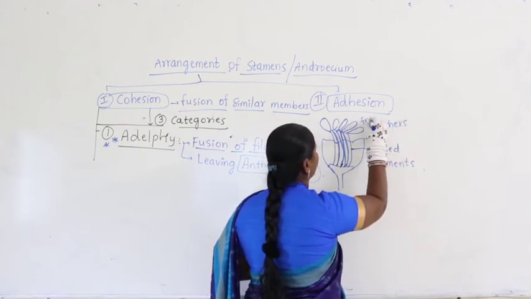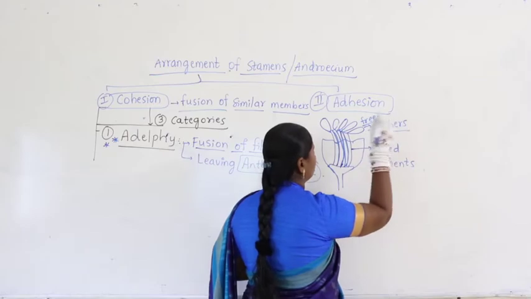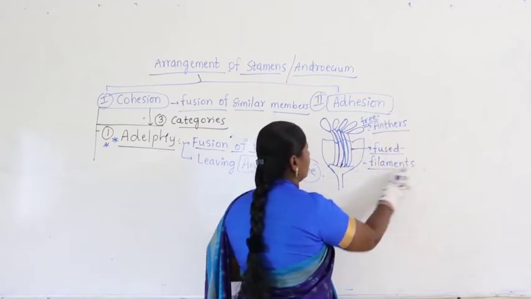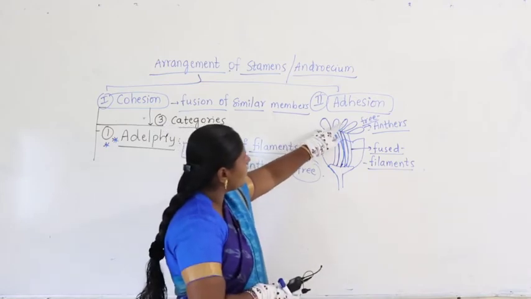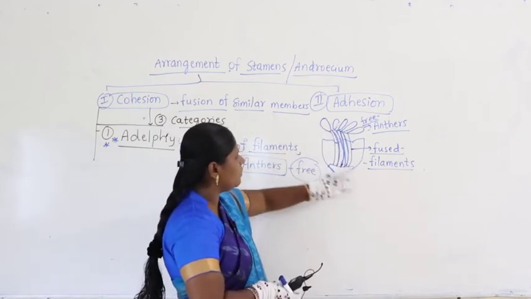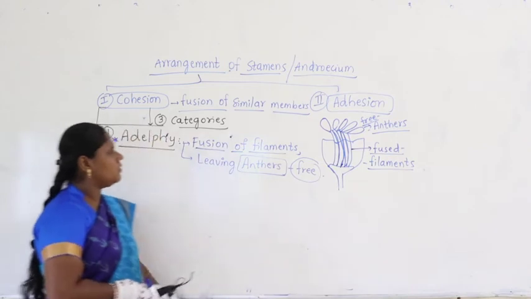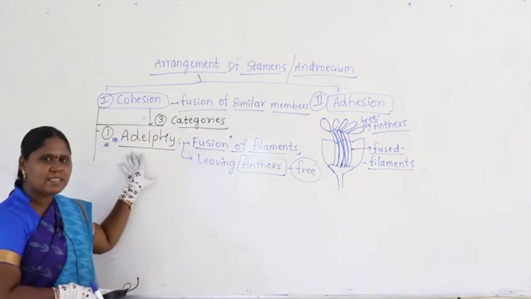You can write here clearly: free anthers. So, in this case you can see free anthers and these all are nothing but fused filaments. So, the condition itself is called Adelphi.